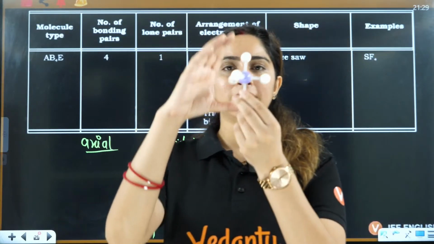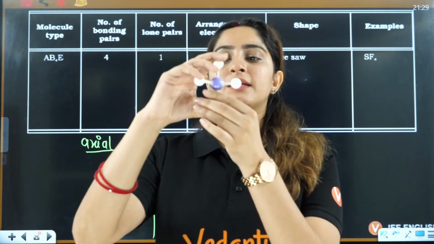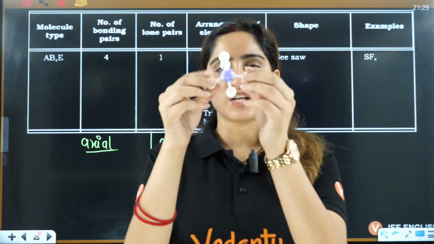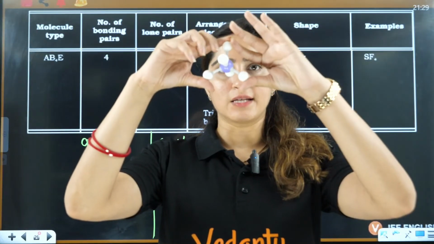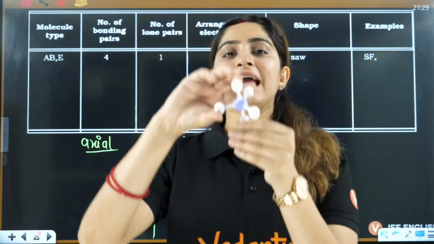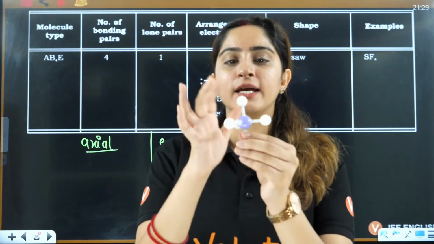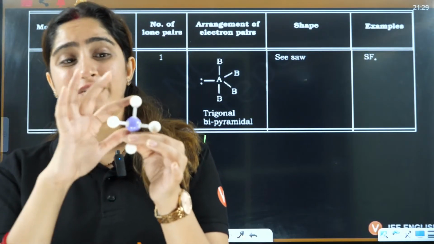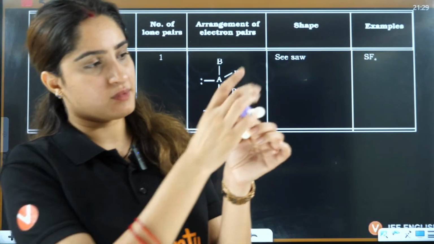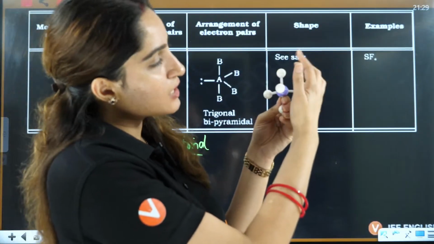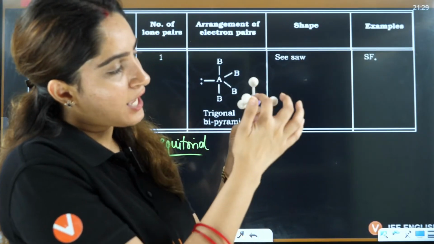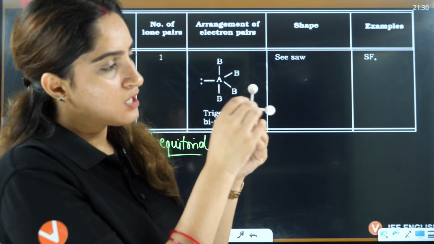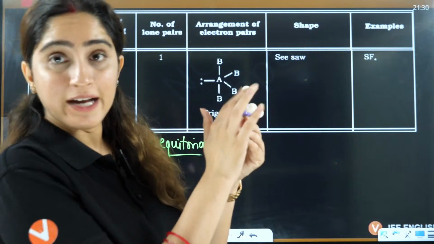If you talk about these axial bonds, in the trigonal planar phase they have 120-degree angles, and this bond with this bond has a 90-degree angle. This bond with this bond has a 90-degree angle. This bond with this bond has a 90-degree angle.